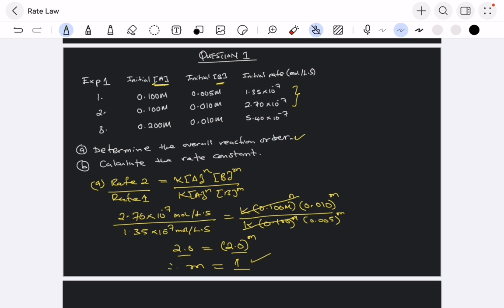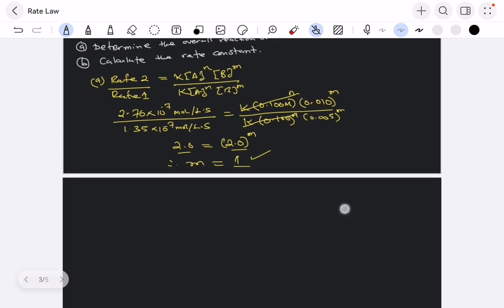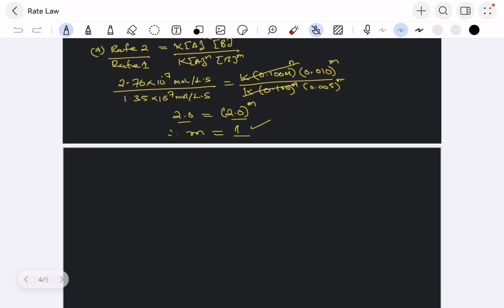Then to determine the value of n, we're going to use rate 3 divided by rate 2.